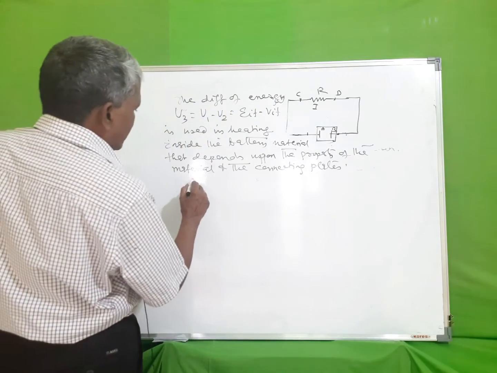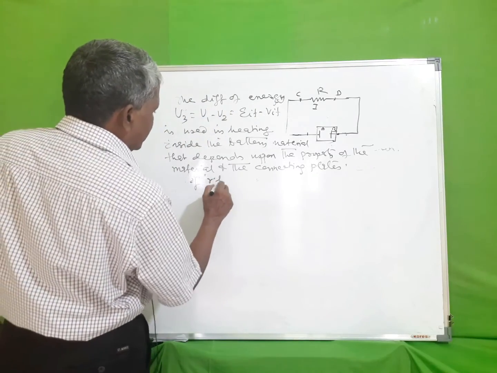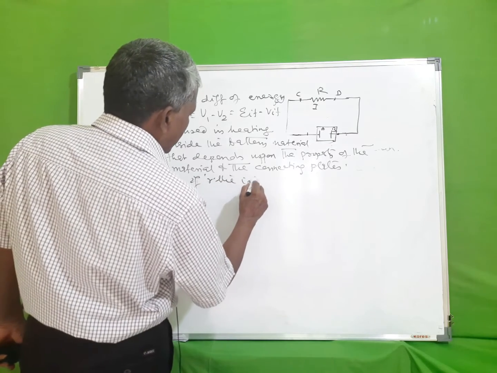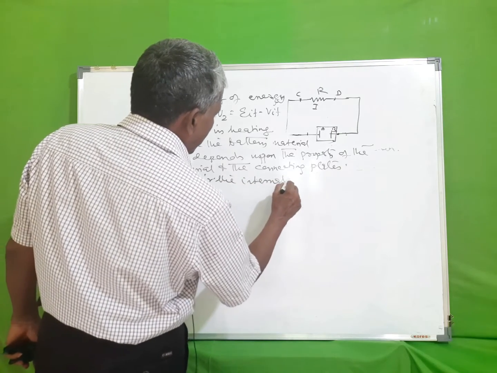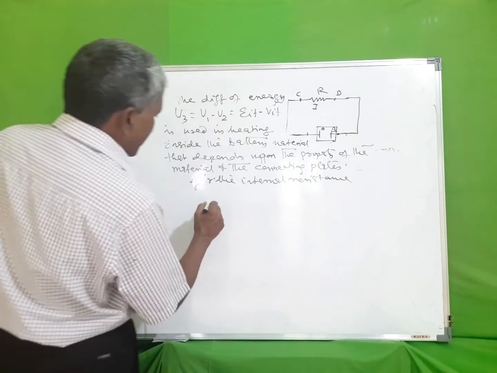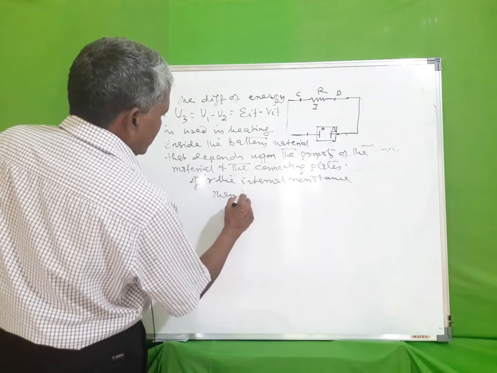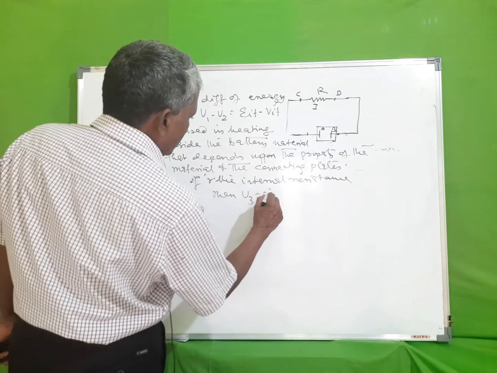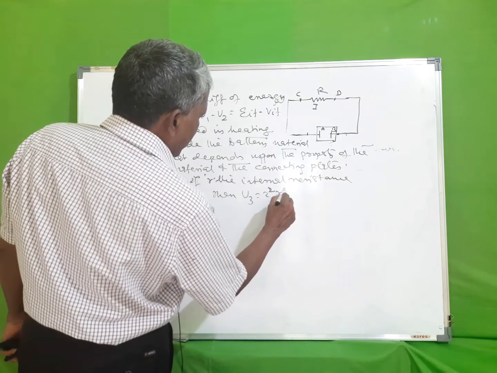If small r is the internal resistance, then U3 is equal to I squared rT.